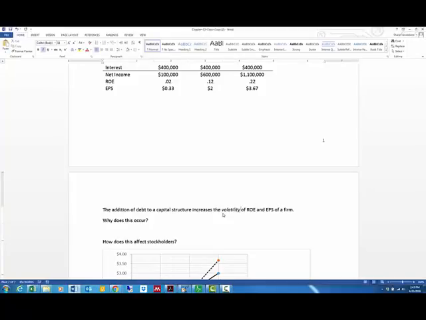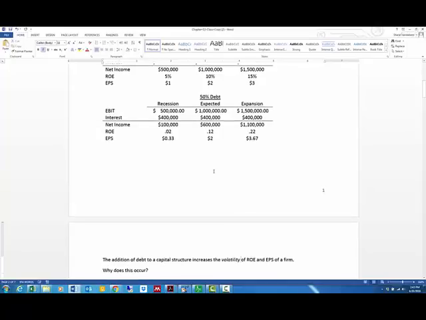It increases the volatility, the change in ROE. So here we have 5% to 15%, and here we have 2%, 12%, and 22%. So a wider range of ROE, a wider range of EPS from 33 cents to $3.67.